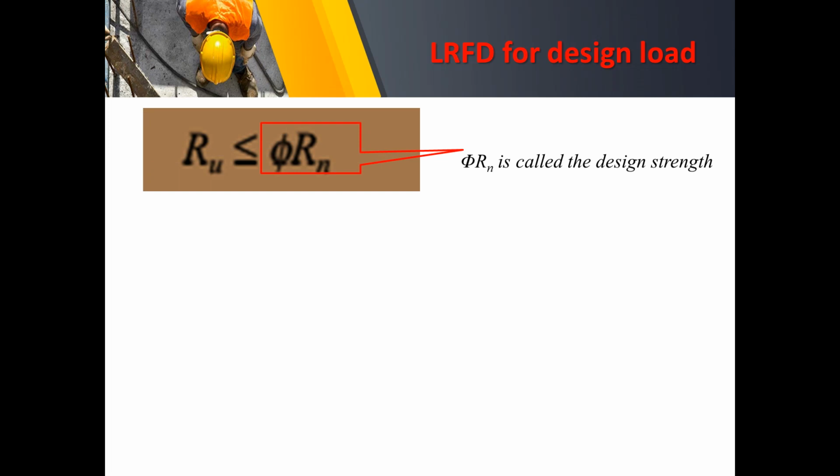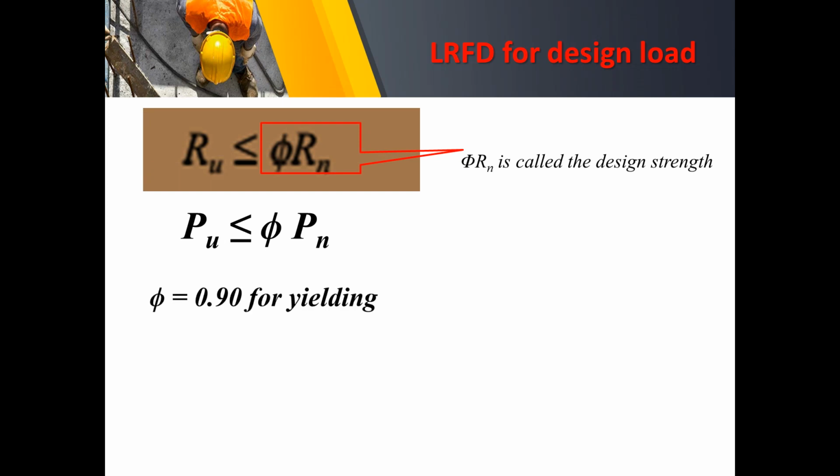So this must be compared to the factored resistance, phi Rn, and phi Rn is called the design strength. Hence, we can write that into the load form, wherein Pu, the ultimate load, should always be less than or equal to the factored load phi Pn.